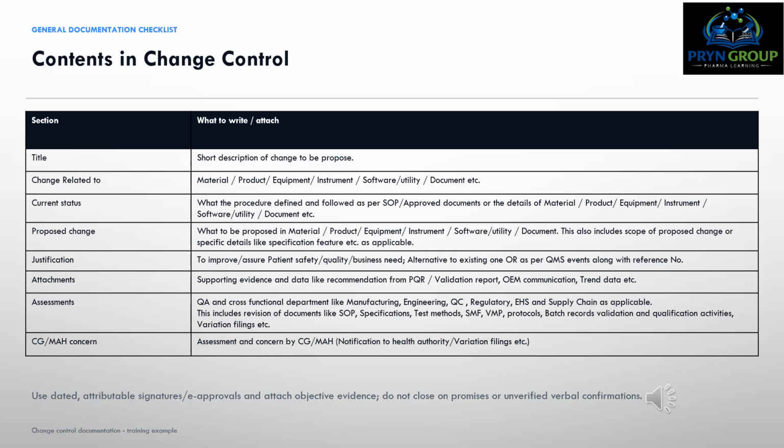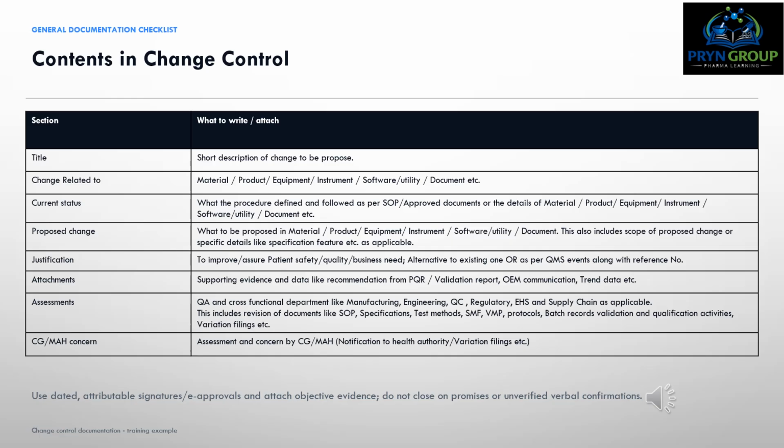Then we have to give what the change relates to, either material or product or equipment or instrument or software or utility or document, etc. According to the relevancy we have to consider the relation.